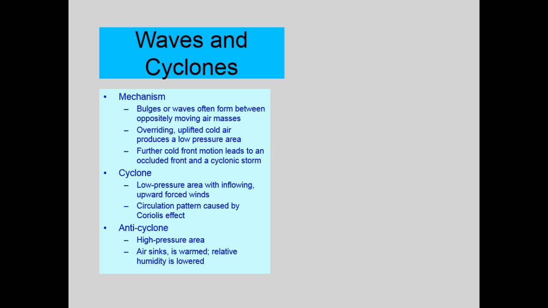But the overriding uplifted cold air produces a low pressure area, and the further cold front motion leads to an occluded front and a cyclonic storm. Now, those are a lot of blah, blah, blah words. And if you think they are bad, wait till you see the slides.